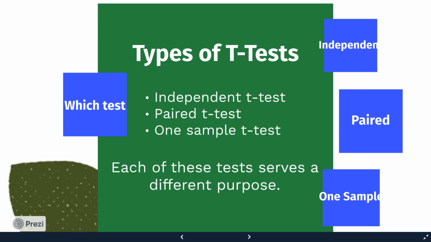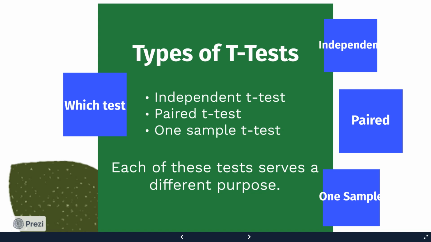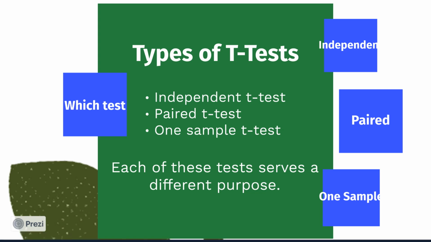One sample t-test is different from the other two for the simple reason that we have a scenario where we don't have another group, we only have a sample from one group. But what we are trying to do is assess whether this sample mean is equal to, as our null hypothesis says, the mean which we are trying to compare with.